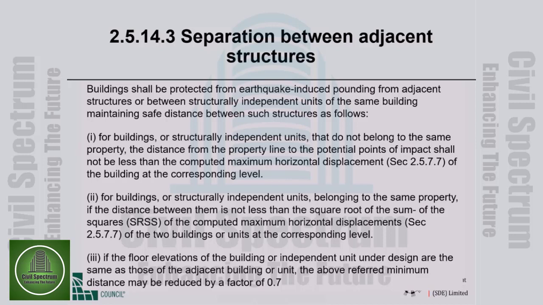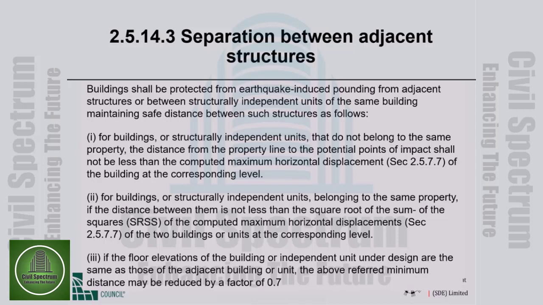As follows. Number 1, for buildings or structurally independent units that do not belong to the same property. So, two adjacent buildings, but they're on different properties. There is a property line in between. The distance from the property line to the potential points of impact shall not be less than the computed maximum horizontal displacement of the building at the corresponding level.